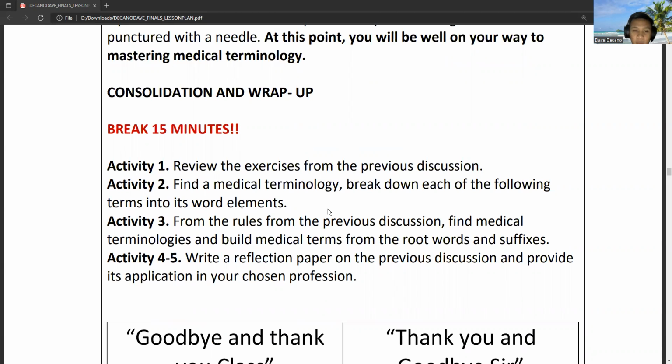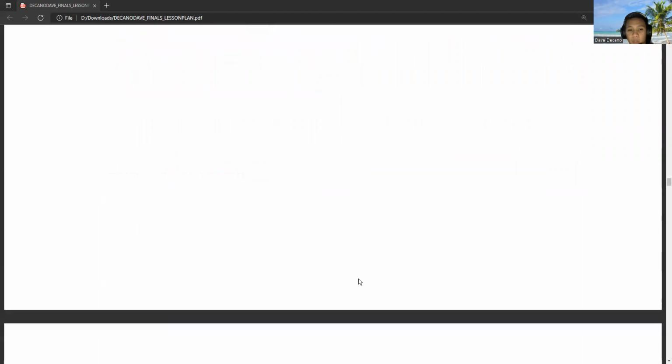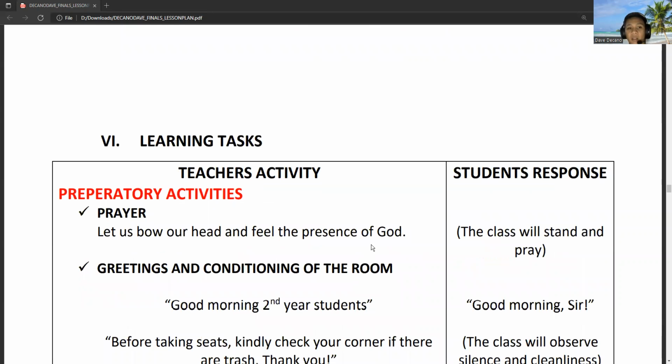And lastly will be a reflection paper on the previous discussion and its application in the chosen profession. So this will be the end of chapter 1, and next will be the continuation with chapter 2.